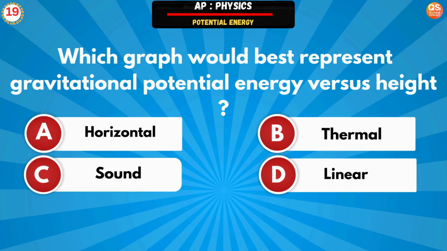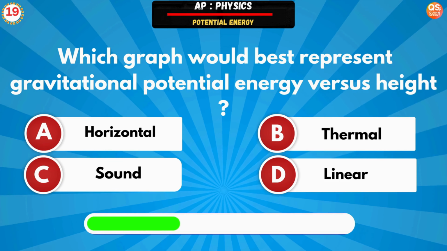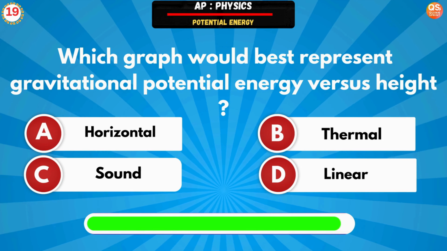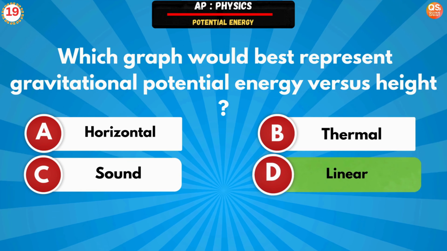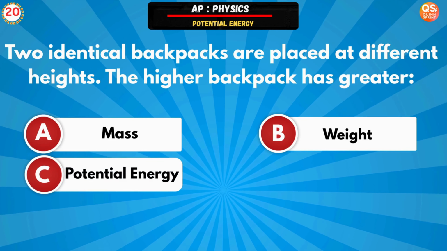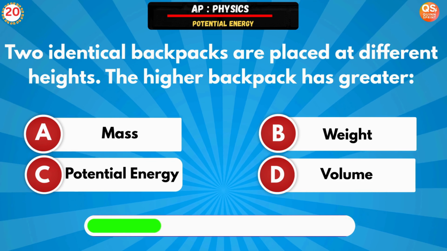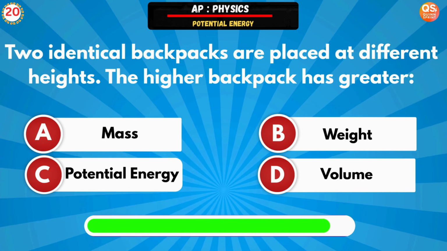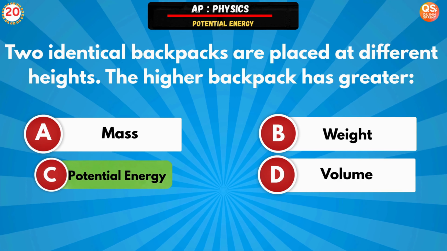Which graph would best represent gravitational potential energy versus height? Linear. Two identical backpacks are placed at different heights. The higher backpack has greater potential energy.